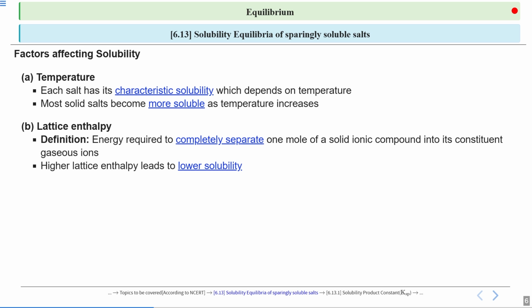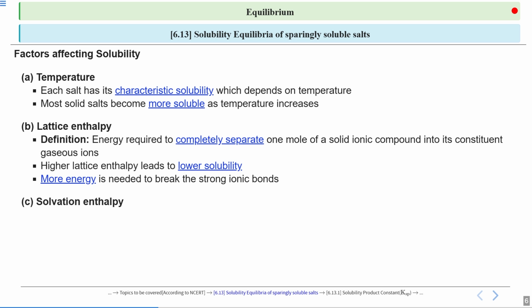If you have a higher lattice enthalpy, that means you will need more energy to dissolve your ionic solid, therefore resulting in a lower solubility. So we can say that lattice enthalpy and solubility are inversely proportional to each other, right? Is it correct? This is a very general thing. You can just think about it, and I hope you can easily analyze this situation.